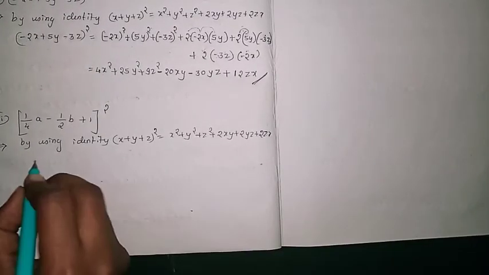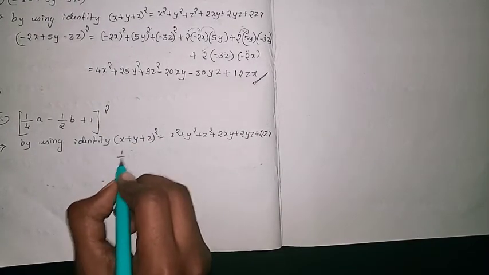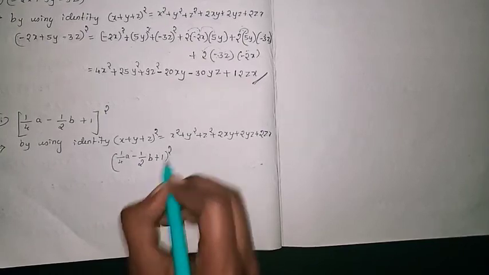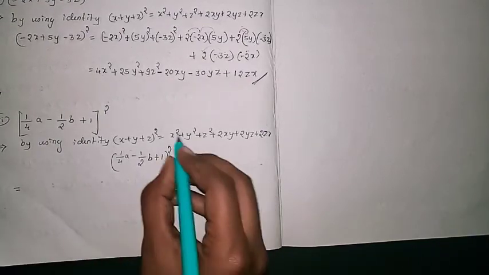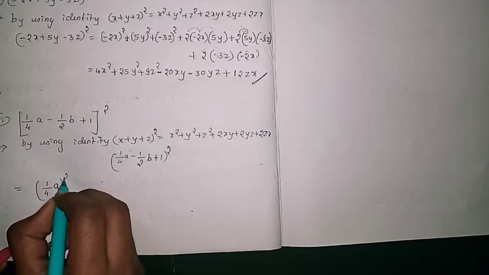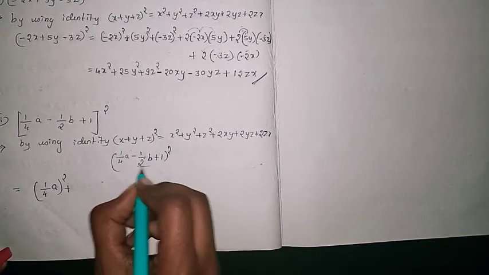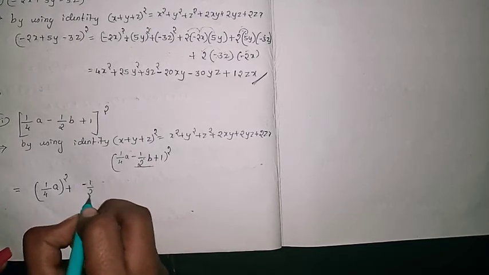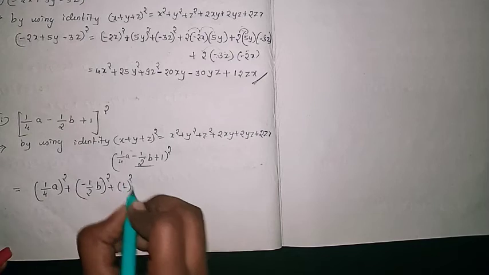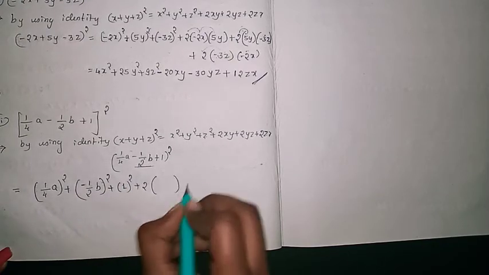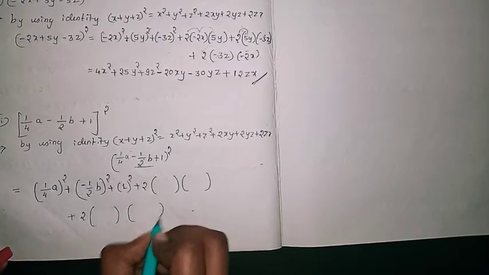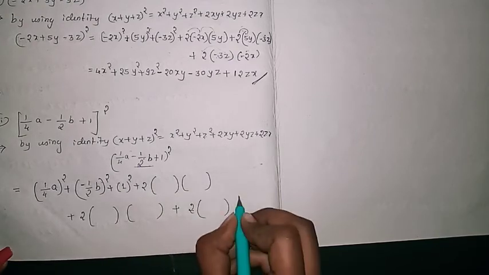And the fourth one, I will write directly: minus 1 by 4 a minus 1 by 2 b plus 1, whole raised to square. I will expand this: first term square, 1 by 4 a whole raised to square, then second term, minus 1 by 2 b whole raised to square, third term square, that is 1 whole raised to square, plus 2 into first term and second term, 2 into second term and third term, and 2 into last term and first term.